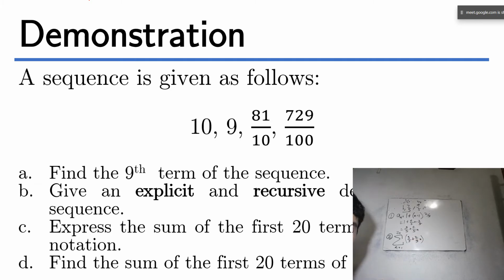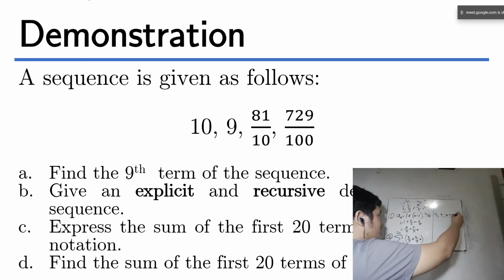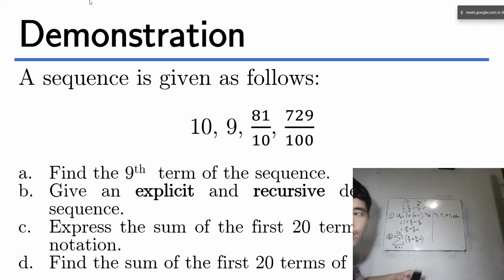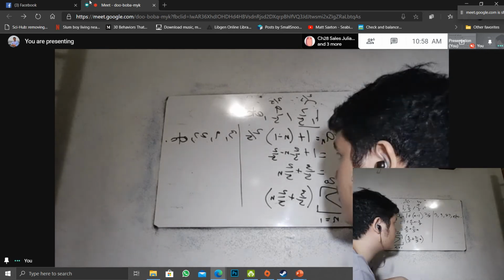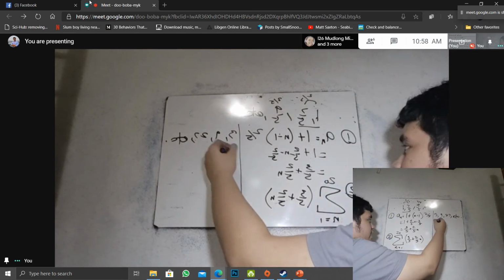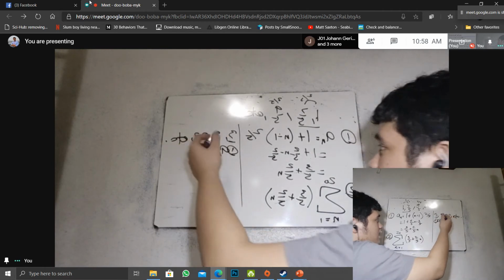Tapos pag naman yung isa, yung geometric sequence, sabihin natin simple lang: 3, 9, 27, etc. Step 1, a sub n equals a sub 1 times r raised to n minus 1. Ano yung r natin?